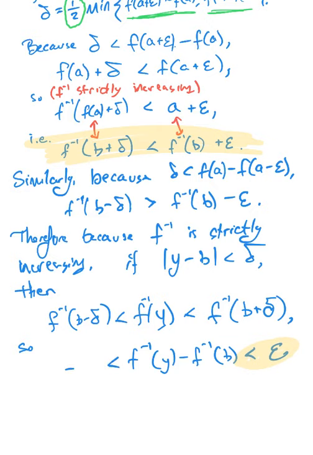And then the inequality that we got on the other side says that this quantity is greater than minus epsilon. So the difference between f inverse of y and f inverse of b is bounded between minus epsilon and epsilon. That's exactly what we wanted. That translates into the absolute value inequality.